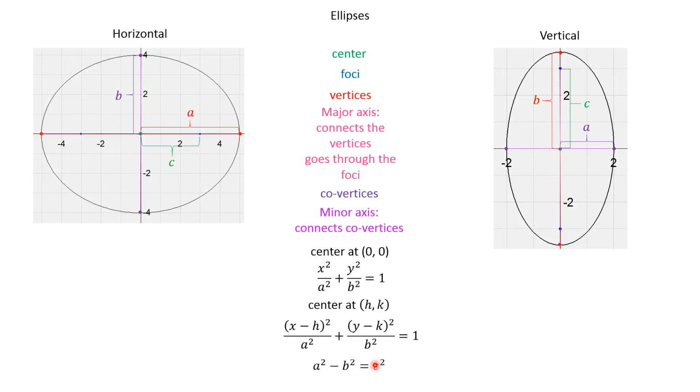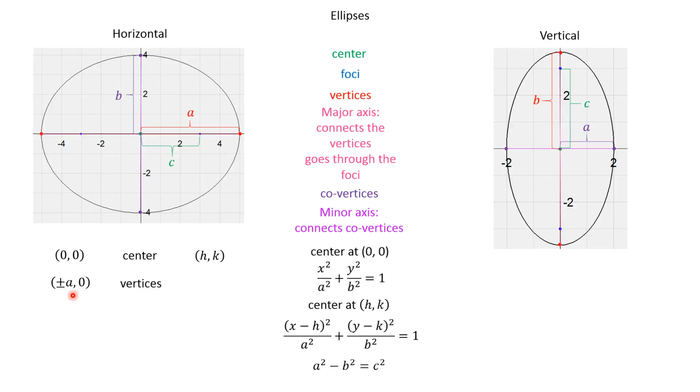So now that we have c squared, we can look to see where some of these points are going to be. It's going to be different if the center is at (0, 0) or (h, k), because we're starting at a different point. We can find the vertices. At (0, 0), we start at 0, we go over a. Isn't this the point (a, 0) or (negative a, 0)?